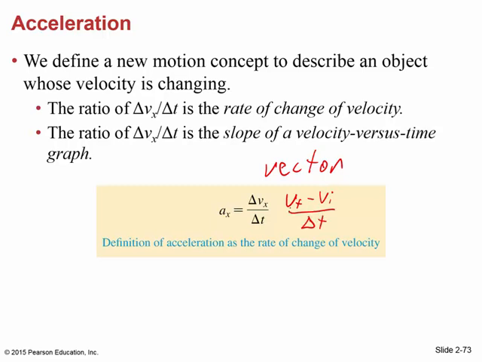And notice what our equation could become. If we wanted to find the final velocity, the final velocity would be the initial velocity plus the acceleration times the change in time. So there's another equation. We could find the final velocity if we knew the initial velocity, the acceleration, and the time interval. That becomes very useful, doesn't it?